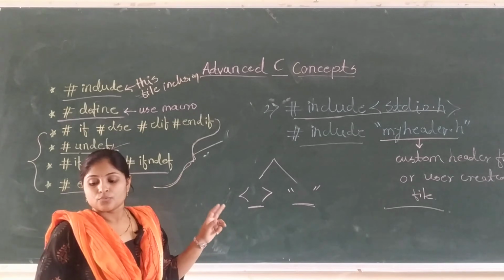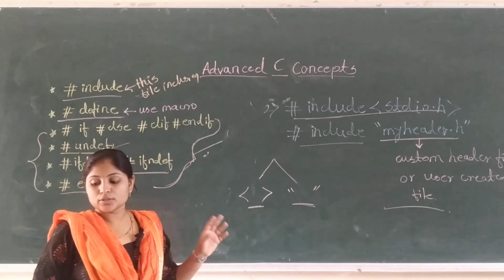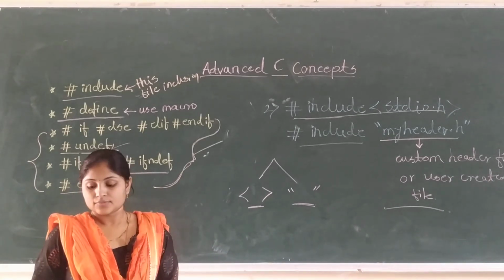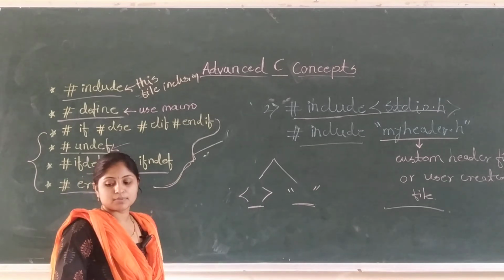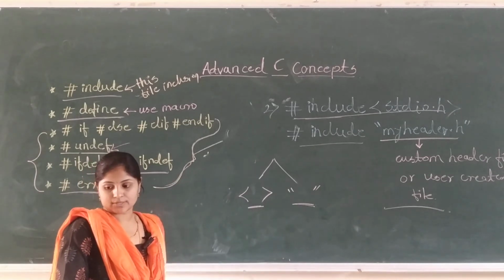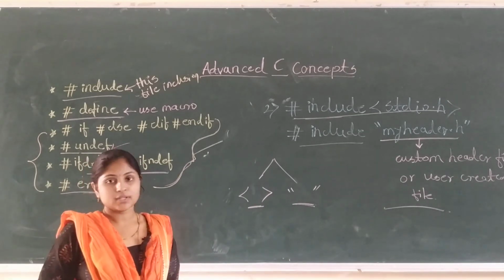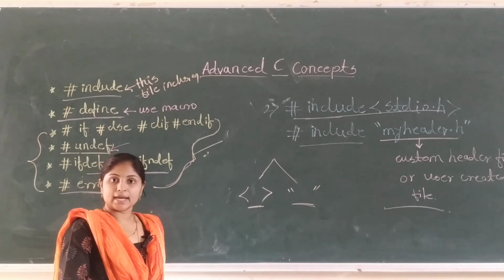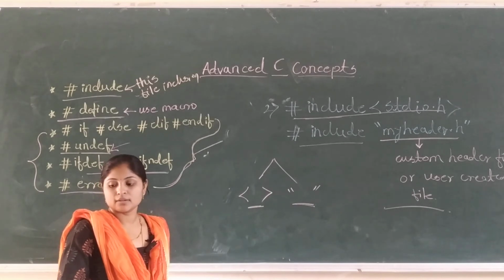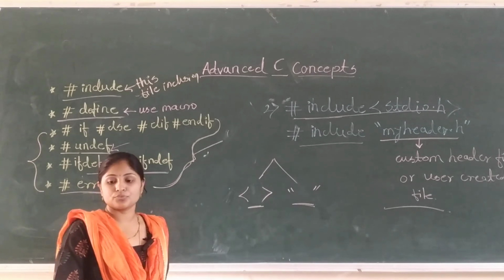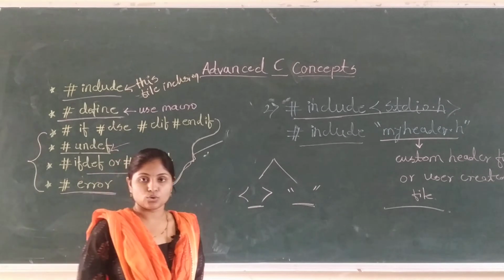If you are using angular brackets, that means your header file must be at the same location which is defined by your environment. Every editor of C programming has an environment where you can set the location.